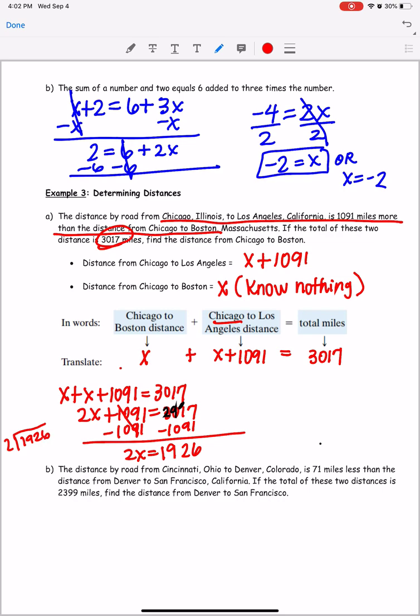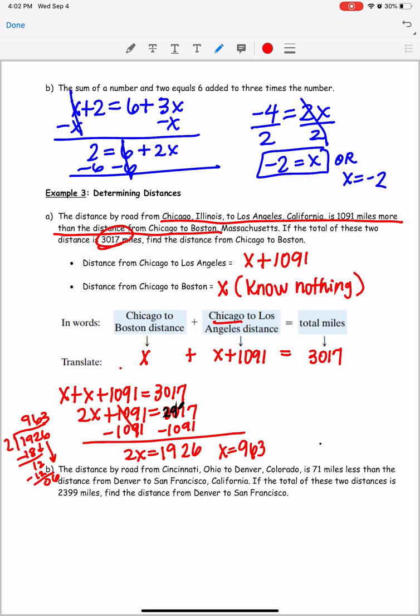But 2 can go into 19 9 times. 2 times 9 is 18. Subtract, we get 1. Bring down your 2. 2 goes into 12 6 times. 6 times 2 is 12. You get 0. Bring down your last number, so 6. 2 goes into 6 3 times. So my x here is 963.